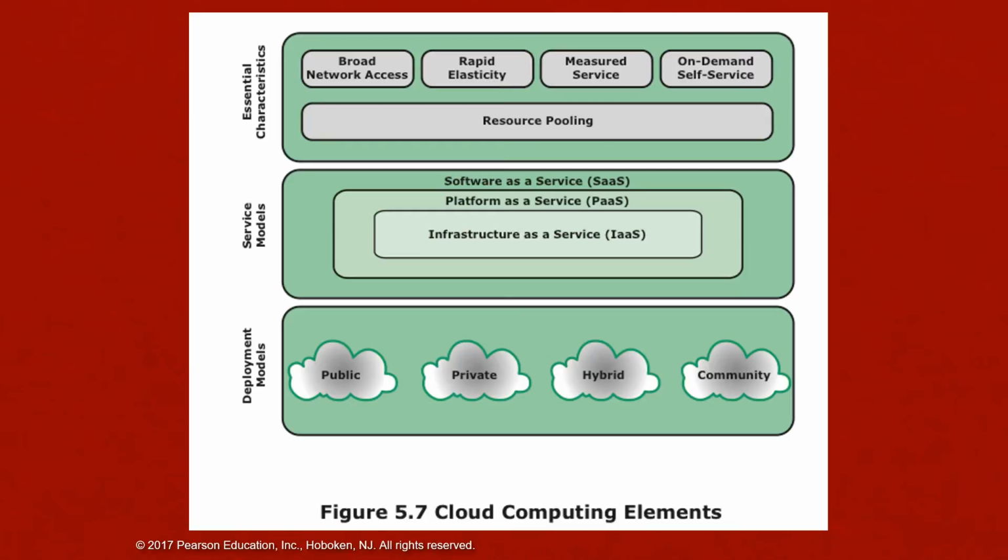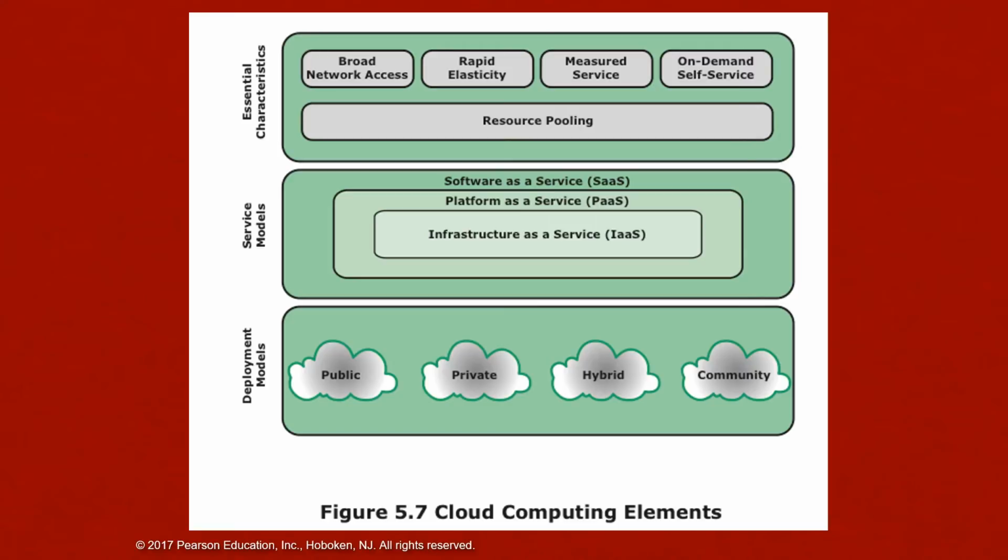On-demand self-service. A consumer can unilaterally provision computing capabilities such as server time and network storage as needed automatically without requiring human interaction with each service provider. Because the service is on demand, the resources are not permanent parts of your IT infrastructure.